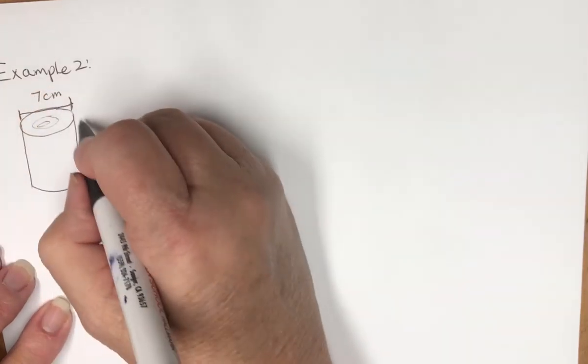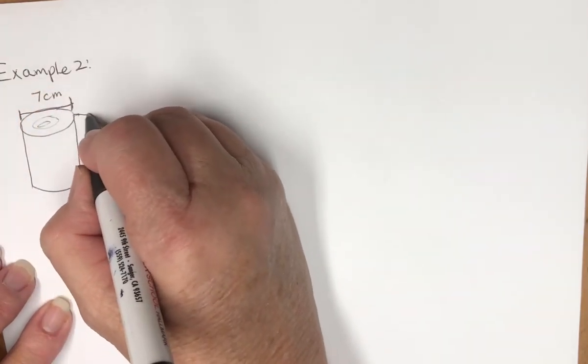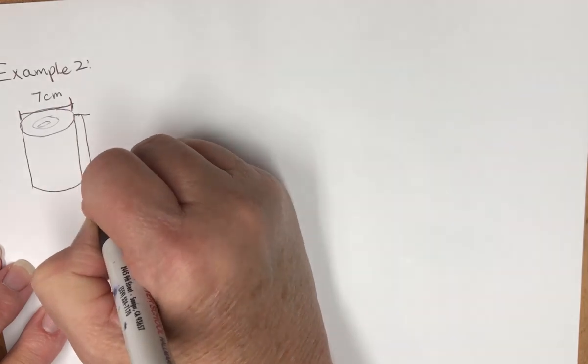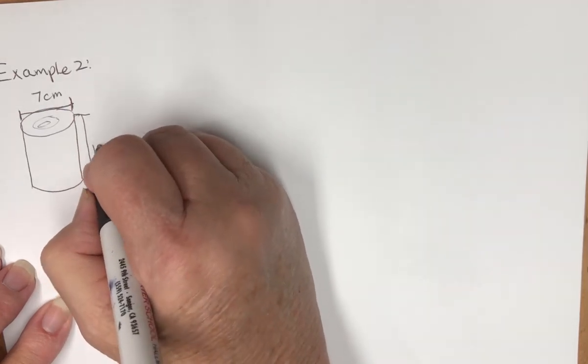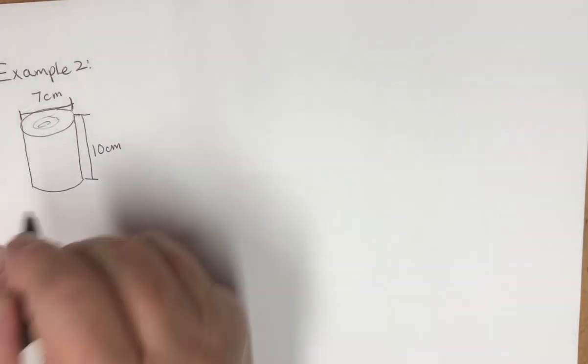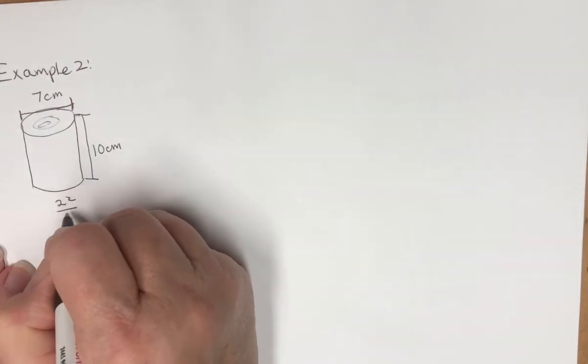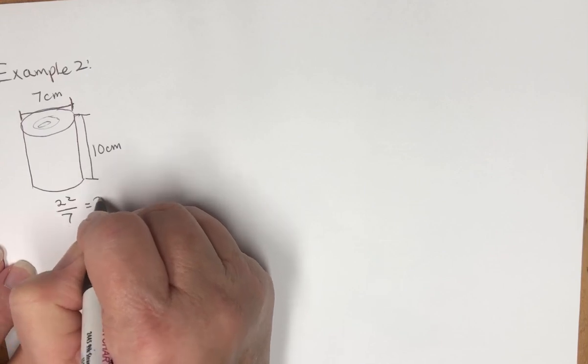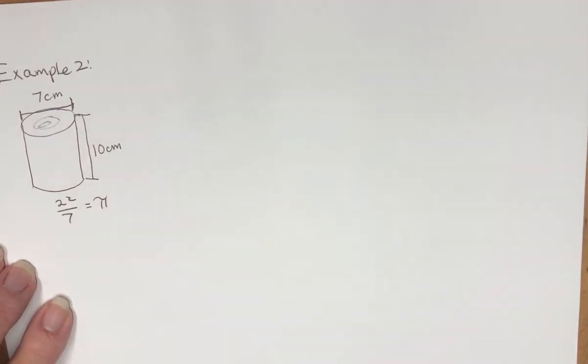The diameter is 7 centimeters. And from the top down to the bottom, that is 10 centimeters. And they want us to use 22/7 for pi. Okay, what is the area of the label on the can with the dimensions shown?